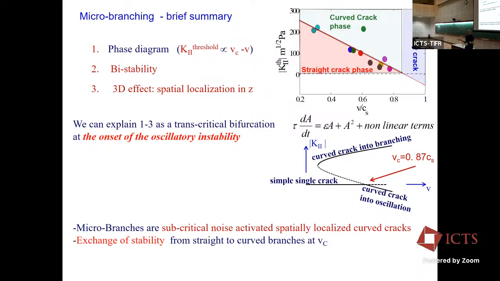And that was actually going to dictate, in retrospect, where the microbranching took place. So it was sitting there, and then as the crack came faster and faster, that level became the critical level, and then microbranching took place. So that's the picture that we have.